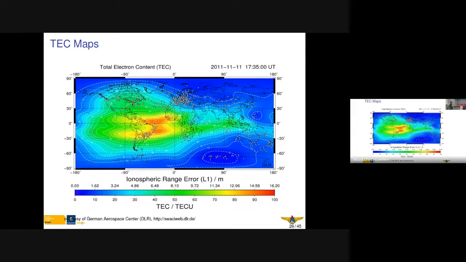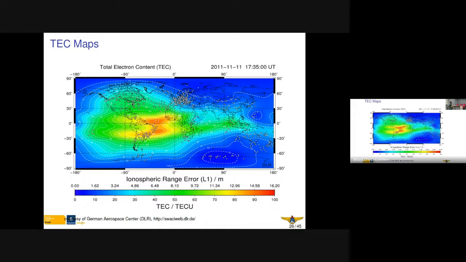And directly from this, you can calculate your range error due to the ionosphere, which is quite interesting. You can also use these maps to correct the error in your receiver. There are many interesting things about that. This is the TEC map from November 11, 2011, and we can see it's very active here at 5:35 UTC. It's very active in Brazil, the ionosphere.